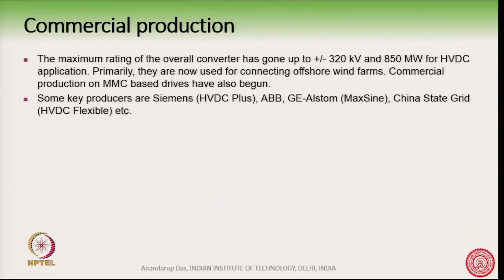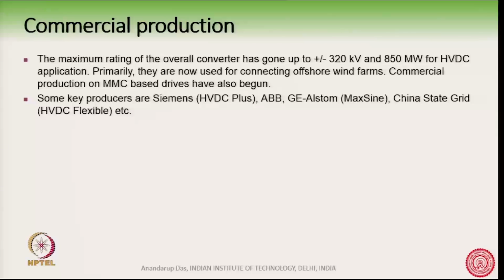So, as of now we are around end of 2019 and beginning of 2020, but these numbers are continuously changing, and higher power rated or higher voltage rated converters are either being built or are getting deployed.